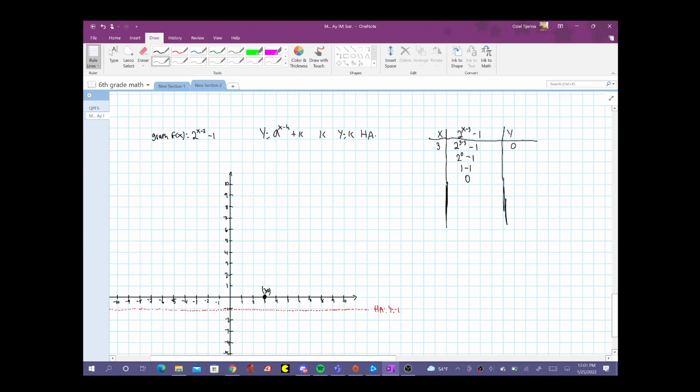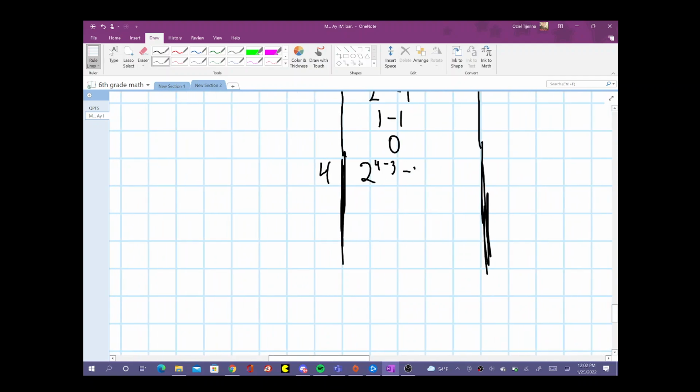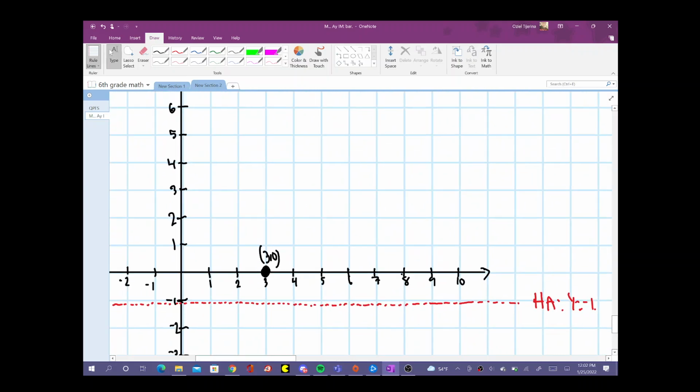for x equals 4. So when x equals 4, we have 2^(4-3) - 1. This is 2 to the first power minus 1, which is 2 minus 1, which is 1. So another point is at (4, 1).